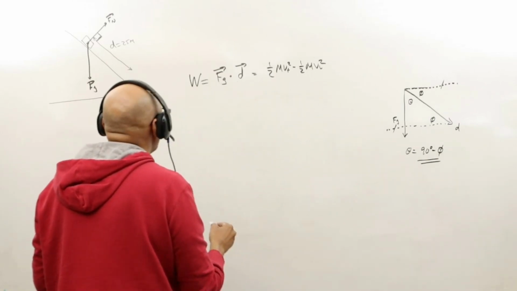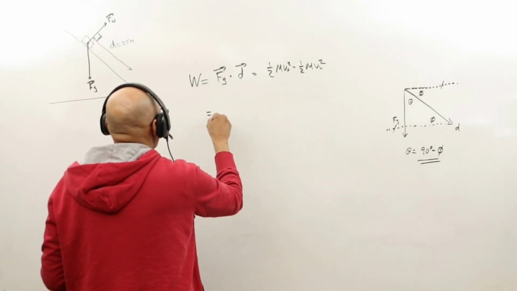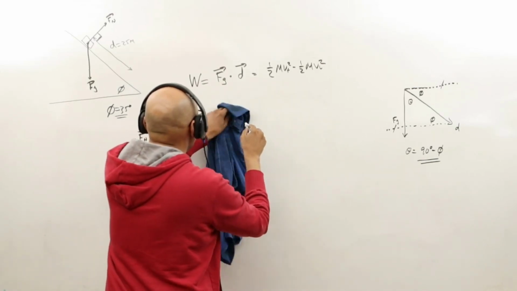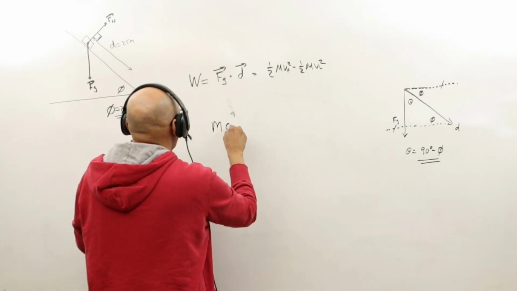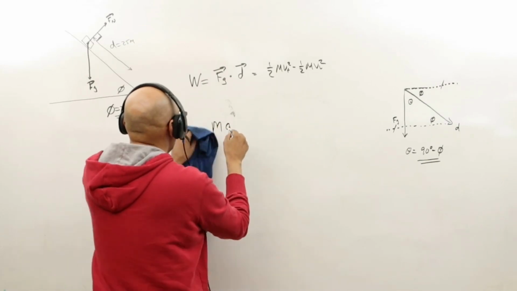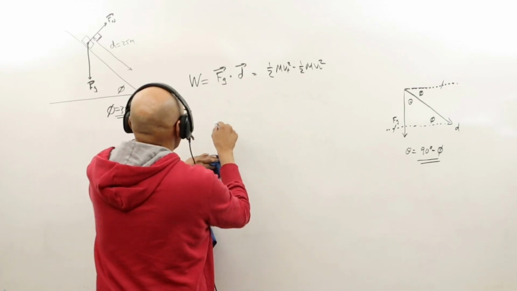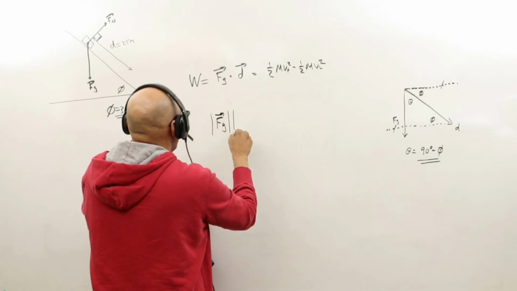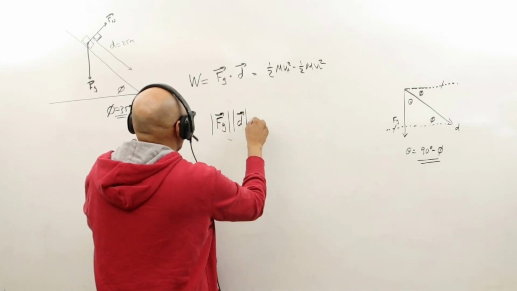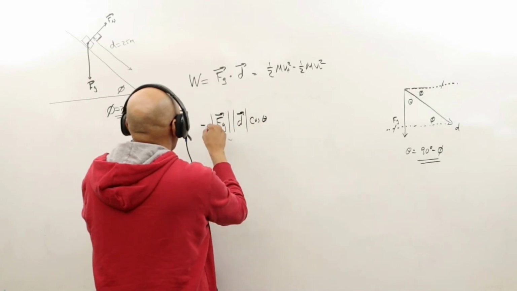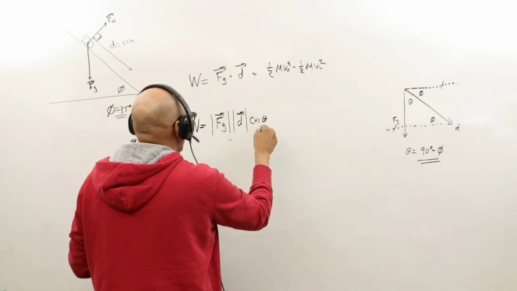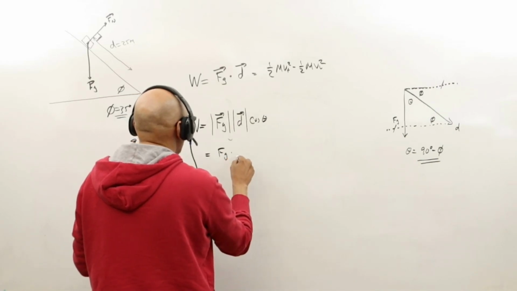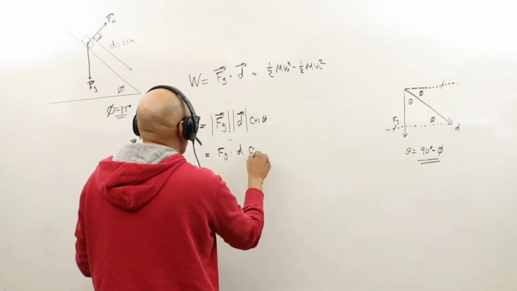Okay, so we can write this quickly as mg, force of gravity. The dot product is the cosine of theta, the angle between them, which in this case is force of gravity times d times cosine of theta.